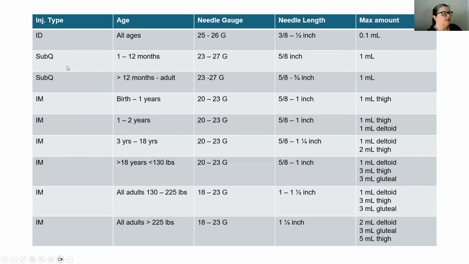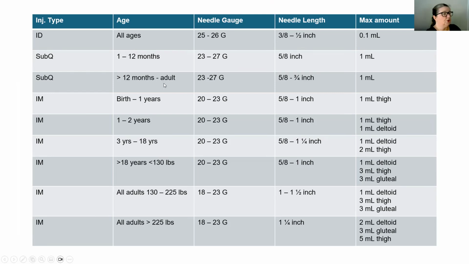All right, then going to sub Q here. An infant, which is birth to 1 year or 12 months, we generally will use a 23 to 27 gauge, mostly 25, 27, and a 5/8 inch needle, that going into the fatty tissue, and the most that you can inject is 1 ml.